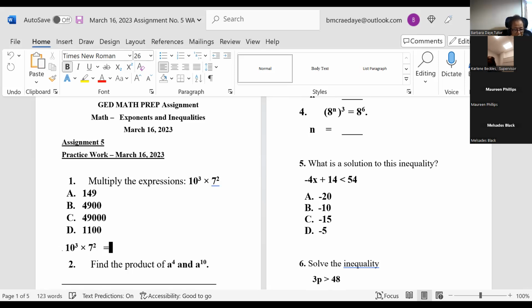So let's say 10 to the third is equal to what, Mercedes? 1,000. Very good. And 7 to the second is equal to 49, because that's 7 times 7. And what is that equal to?